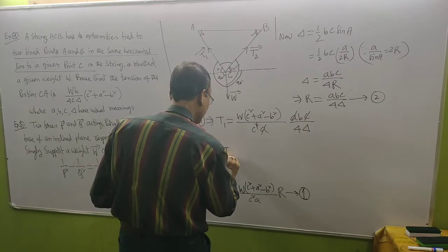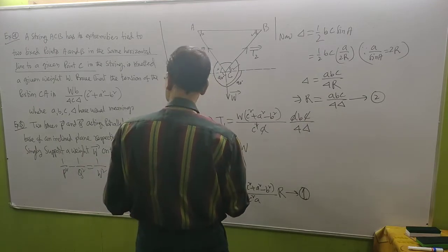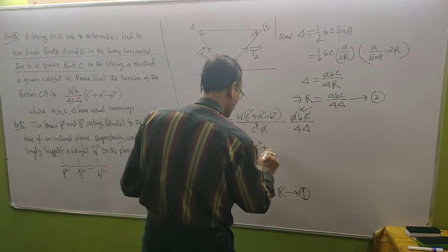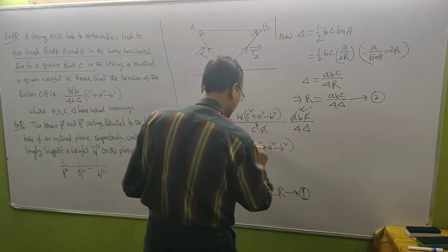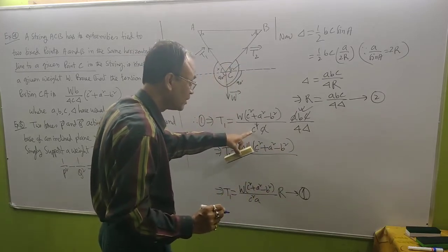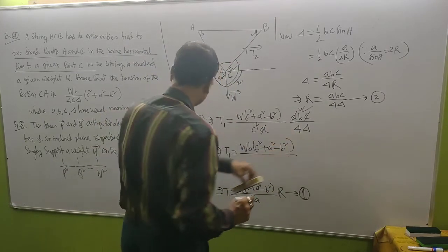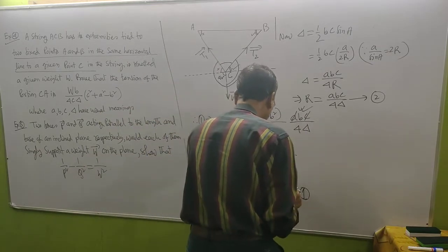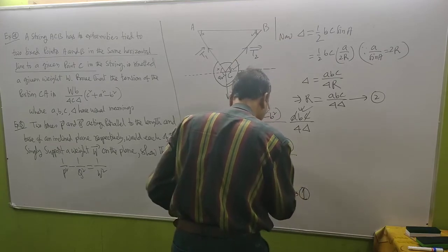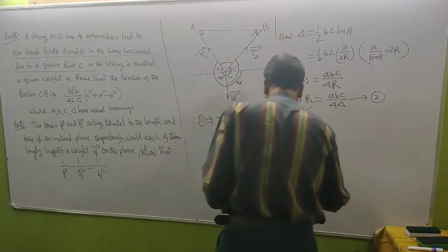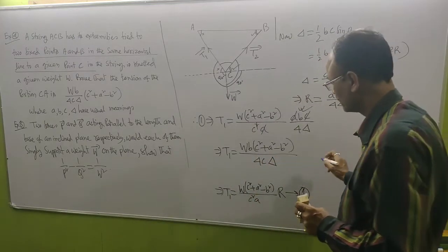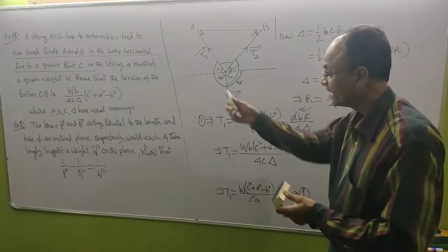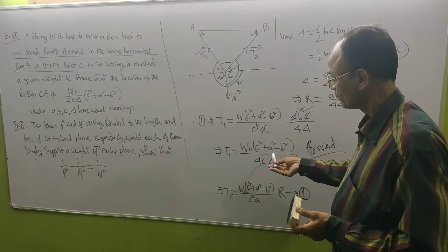Ultimately, you will get tan(B/2) equal to (c square plus a square minus b square) divided by 4c delta. Delta means area of the triangle ABC. Therefore, we have proved this one. Question number 4 has also been proved.